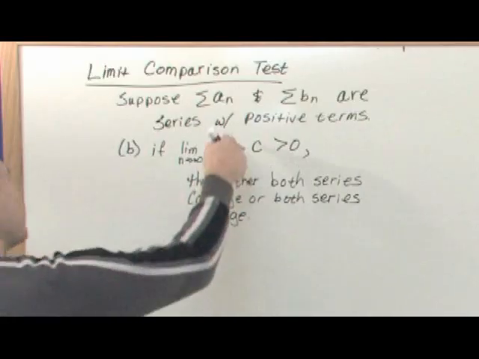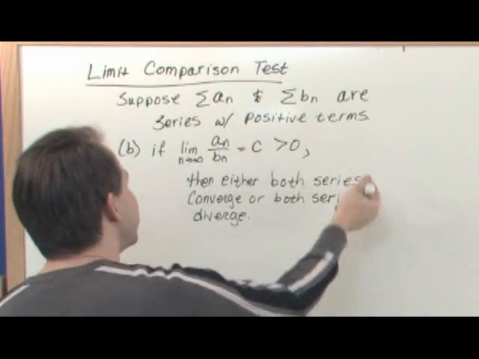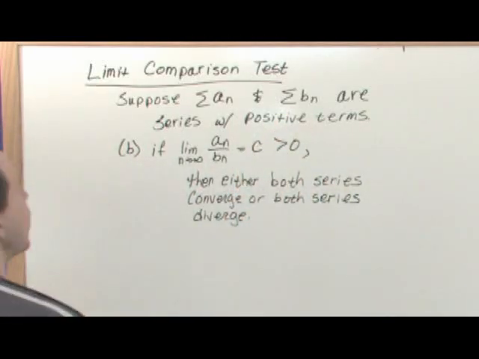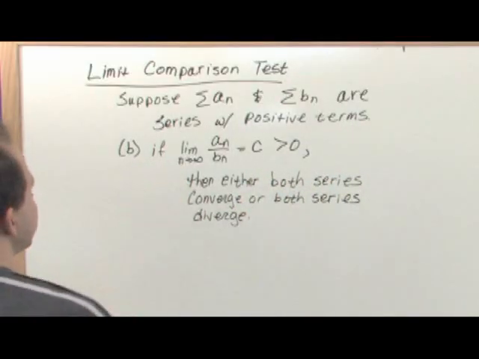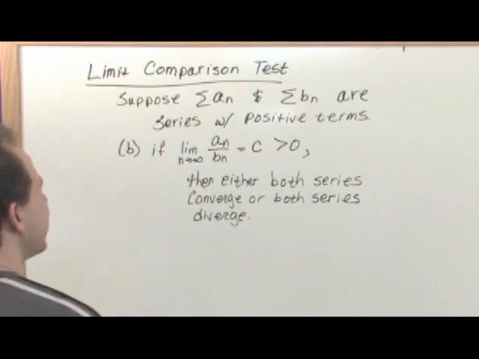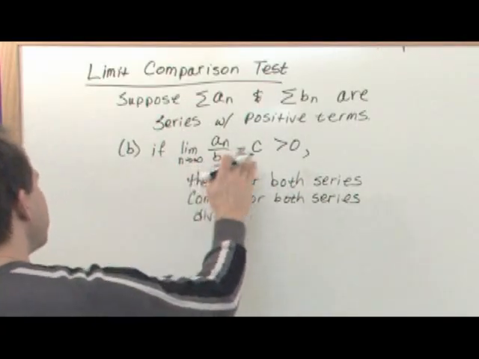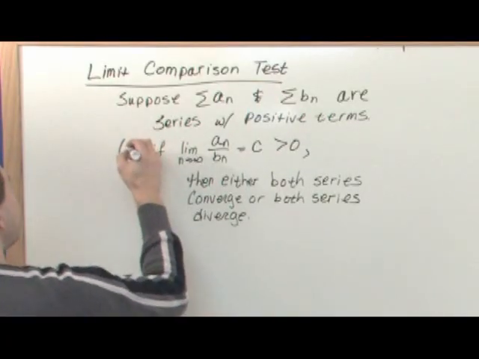Okay, if we take the ratio of the a sub n's to the b sub n's, which are the elements we're adding together, and we take the limit, so we're going to be taking limits in this section, if that limit is equal to a number greater than 0, then it means either both of these things converge or they both diverge, okay? So if you can find b sub n converges, then you approve a converges in this case, and vice versa. But both of these things are true if the limit converges to a number, and that number has to be greater than 0. Okay, so that was part A.